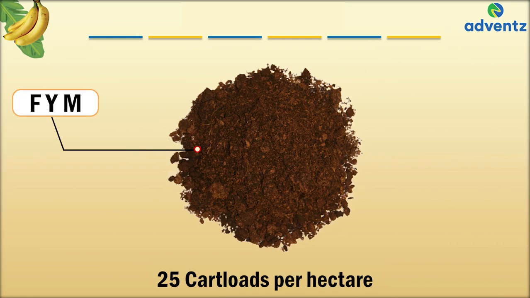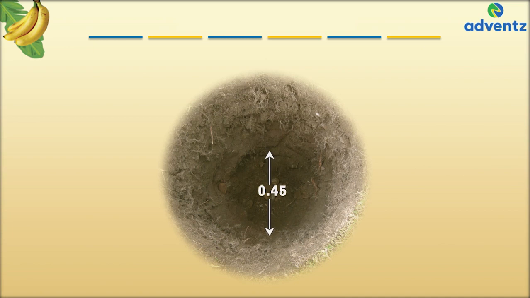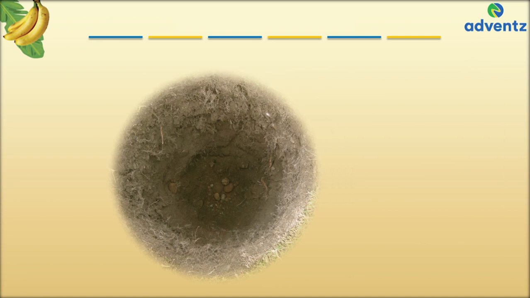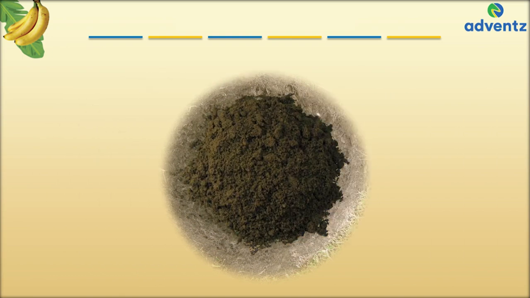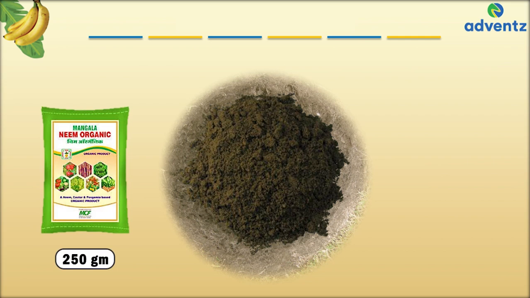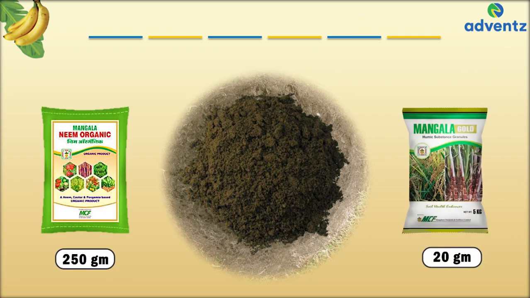Then farmyard manure is added at the rate of 25 cartloads per hectare at the time of ploughing. Pits of 0.45 x 0.45 x 0.45 meters are dug at desired spacing on the ploughed fields. Pits are then refilled with topsoil mixed with 2 kg of FYM, 250 grams of Mangala neem cake powder, and 20 grams of Mangala Gold, which is humic granules.